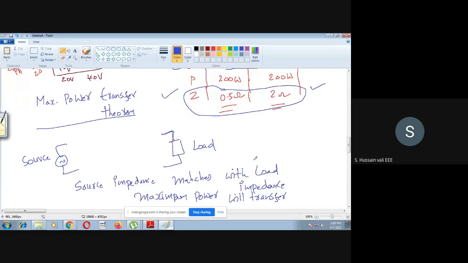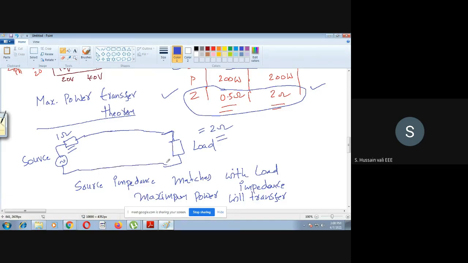Now you see here, assume that the load impedance is 2 ohm, and assume that the source impedance is only 1 ohm. Just an example. So you have a source impedance as 1 ohm, whereas you have a load impedance as 2 ohm. Now you see 1 ohm can never be equal to 2 ohm. So if you connect these two, the source impedance is never equal to the load impedance.